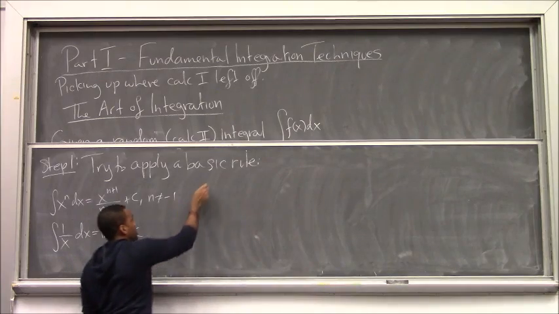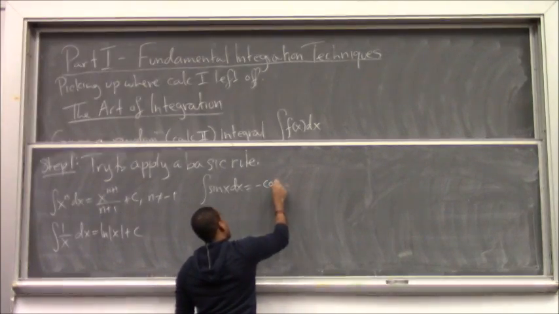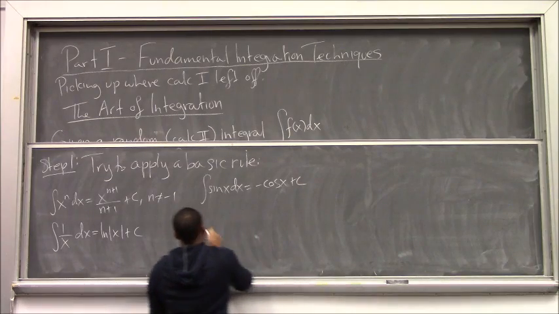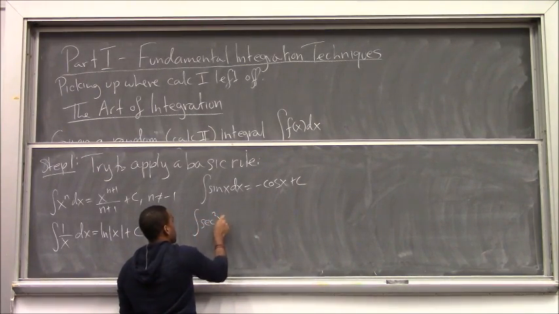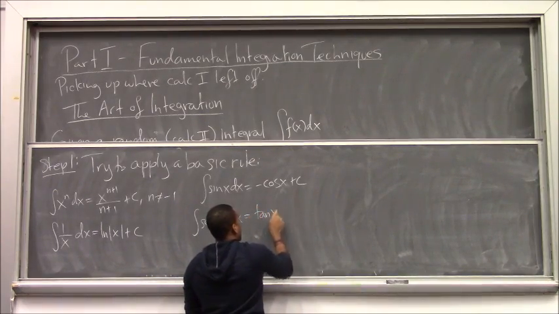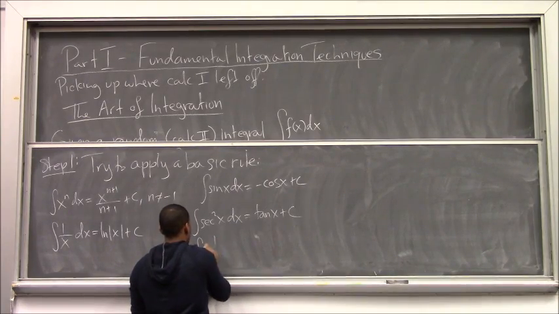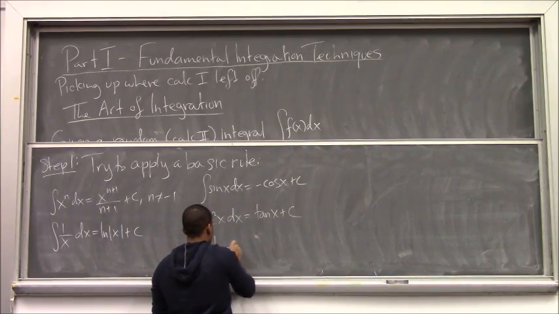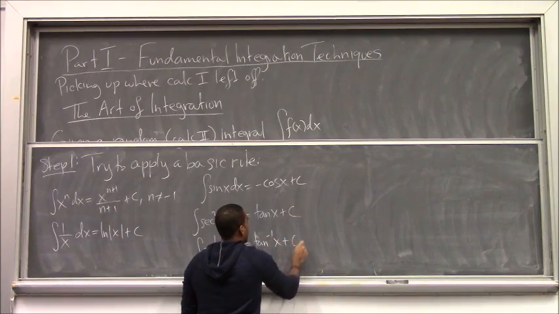You learned that the integral of sine of x is minus cosine of x plus c. You learned that the integral of secant squared of x dx is equal to tangent of x plus c. You learned the integral of another nice one, 1 over 1 plus x squared dx, is equal to tangent inverse plus c, etc.